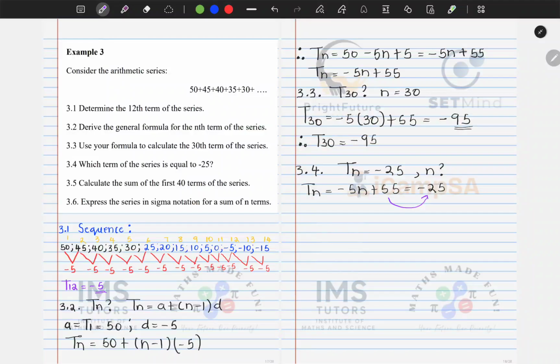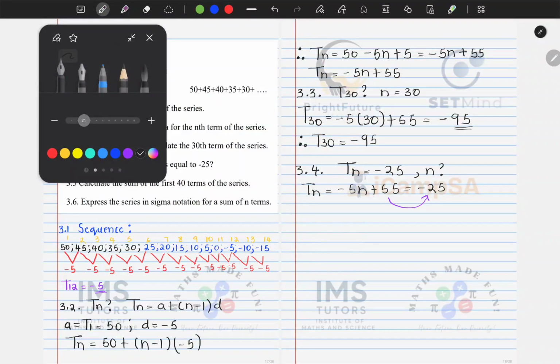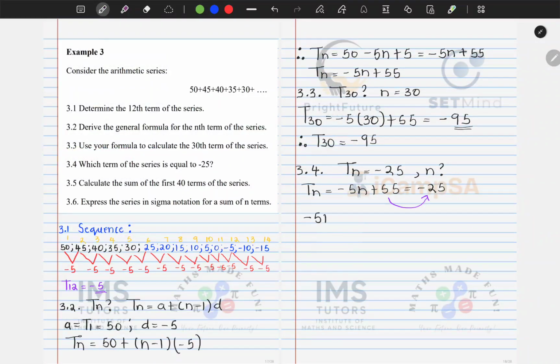So we'll transpose that and then be left with minus 5n equaling. If you look carefully, the 55 will be negative, so when you combine it with the negative 25, we'll end up getting negative 80. And you will clearly see that our n will be negative 80 divided by negative 5. The answer which we get is 16.